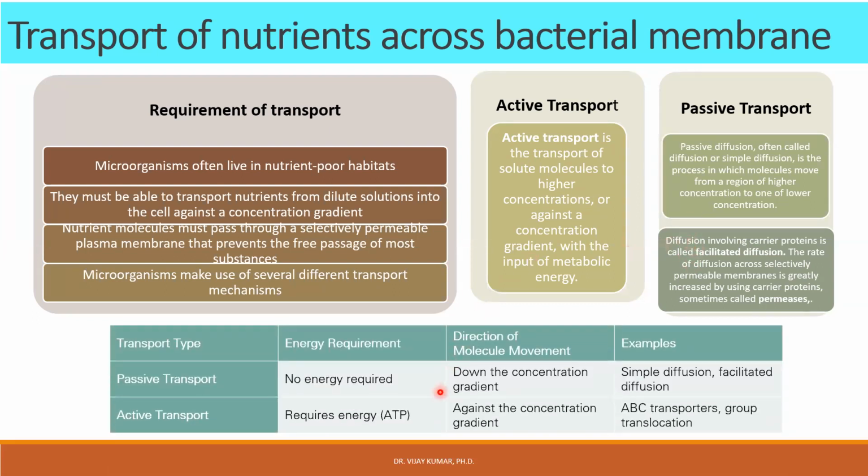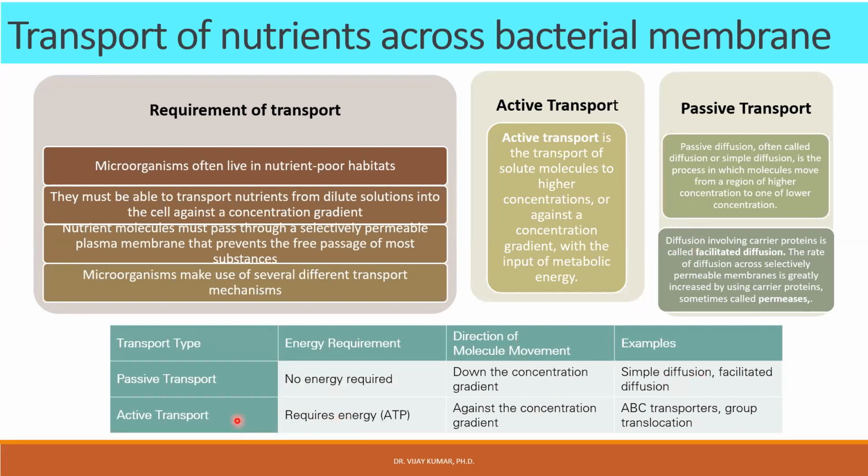Here you can see I have just summarized this in a table. Transport system, passive and active. Energy requirement: in the passive, there is no energy requirement, while in the active transport, energy is required. Then direction of molecules: in the passive, where no energy is required, it is down the concentration gradient, that is from higher concentration of solute to lower concentration of solute. Examples: simple and facilitated diffusion.